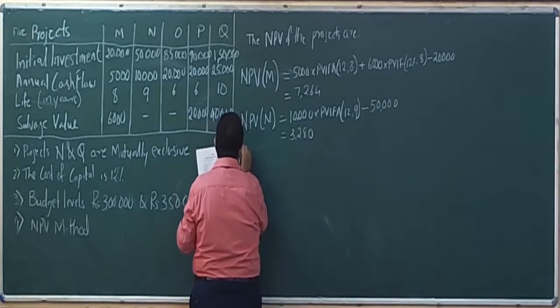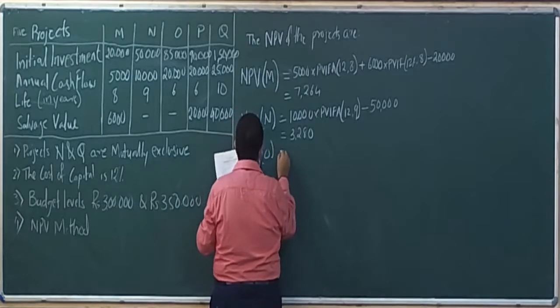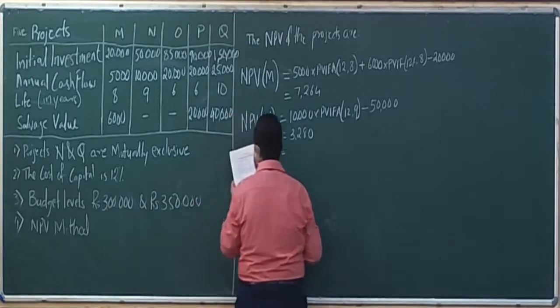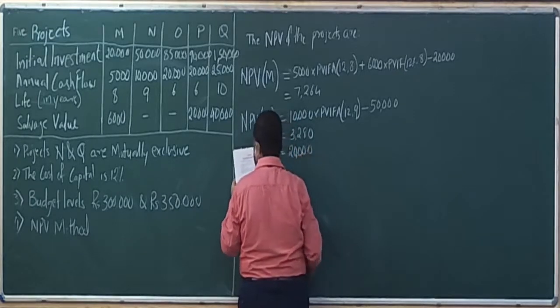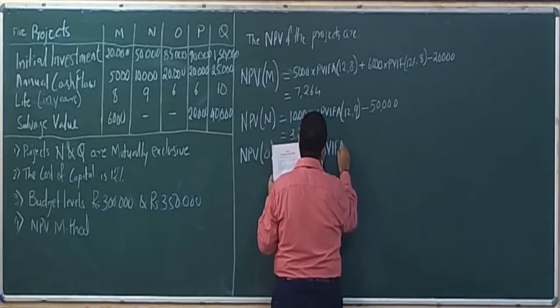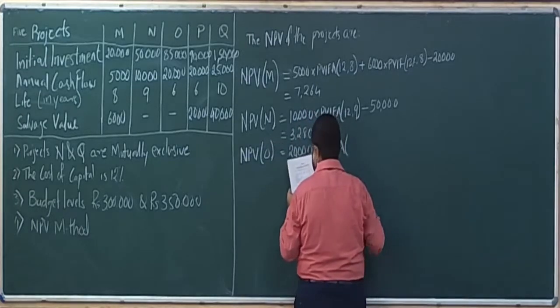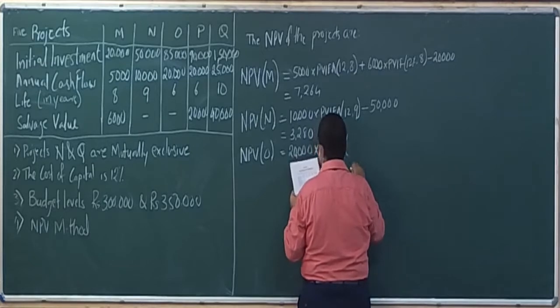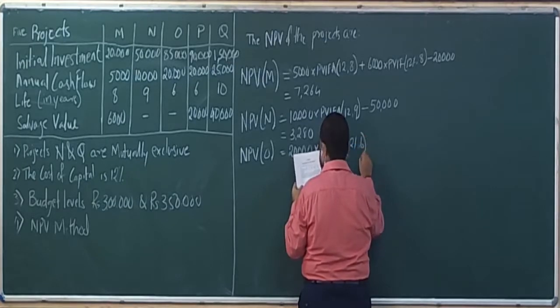Now let us take the net present value of project O, which is equal to 20,000 into the present value interest factor annuity for 12% for 6 years, minus the initial investment.